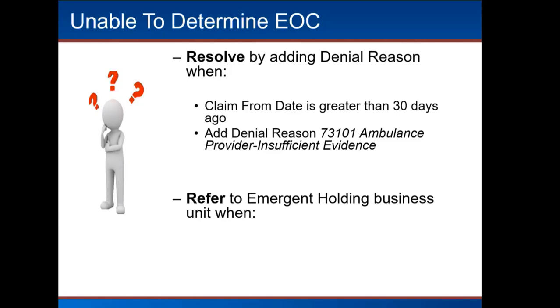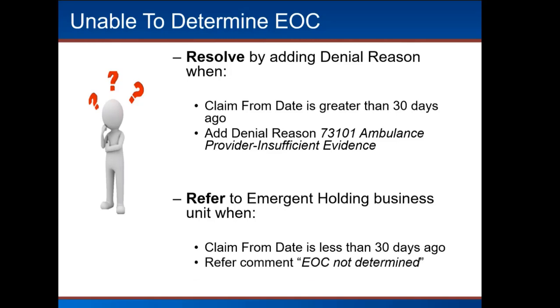We can refer to OCC Emergent Holding Business Unit when the from date is less than 30 days ago, and our referral comment will be EOC not determined, episode of care not determined.